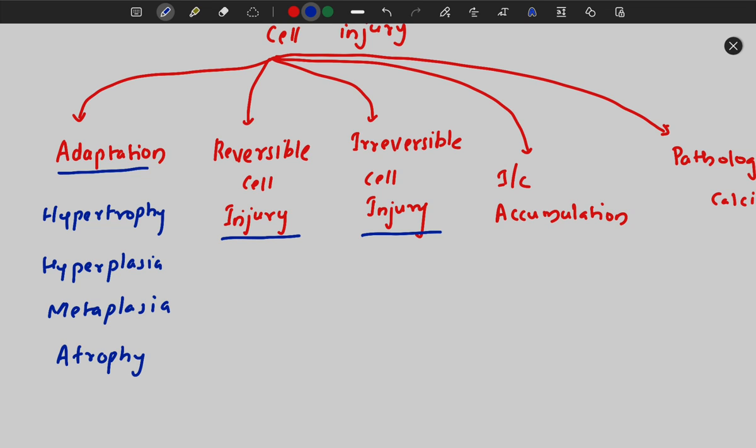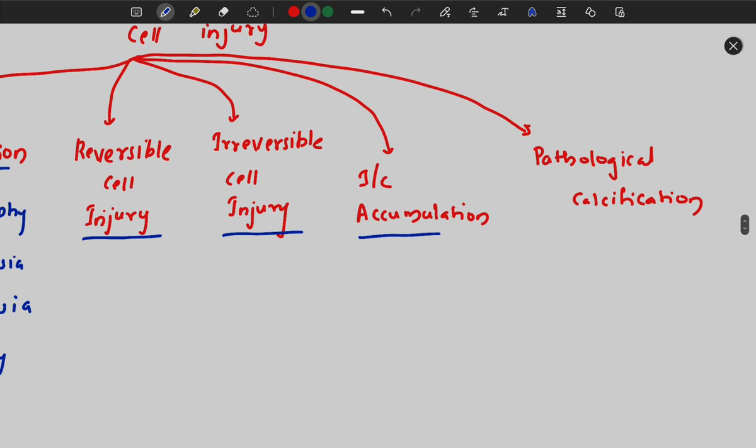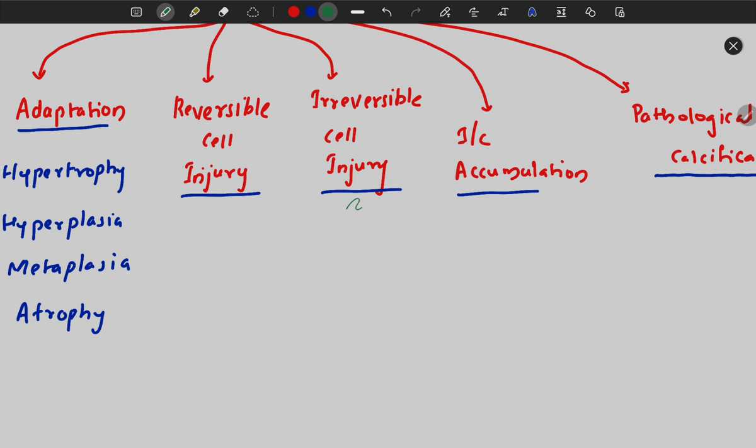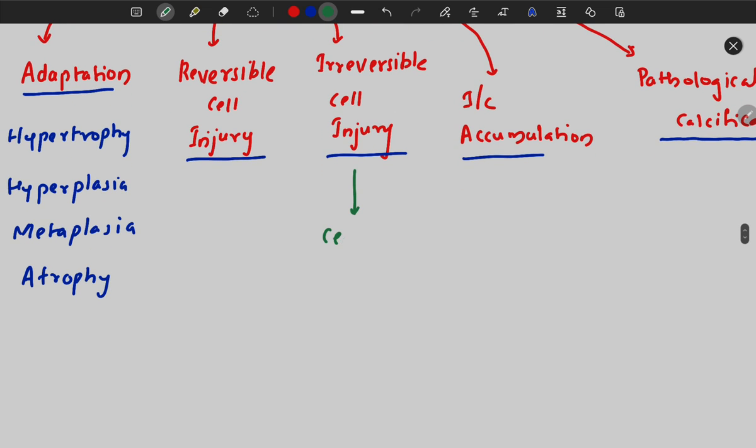During cell injury, there can also be intracellular accumulation of certain proteins, lipids, and glycogen, and this cell injury can also lead to pathological calcification. Irreversible cell injury will result in cell death.